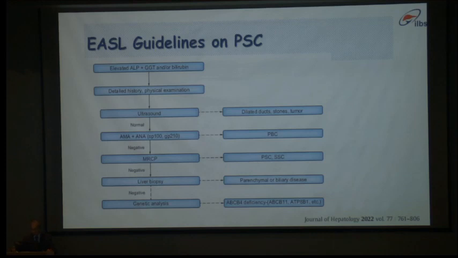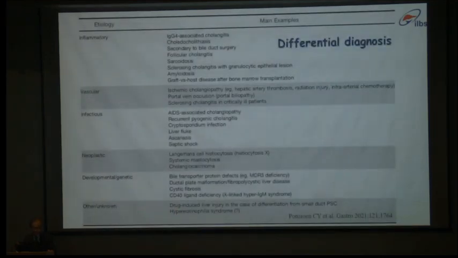And if nothing is suggested, then genetic analysis is also suggested, since diseases like MDR3 (ABCB4) deficiency can also mimic primary sclerosing cholangitis. So this is a broad differential diagnosis of PSC. Inflammatory: IgG4 disease, stone disease, sarcoidosis, graft versus host disease, amyloidosis. Vascular: ischemic cholangiopathy in the setting of radiation injury or portal vein occlusion.